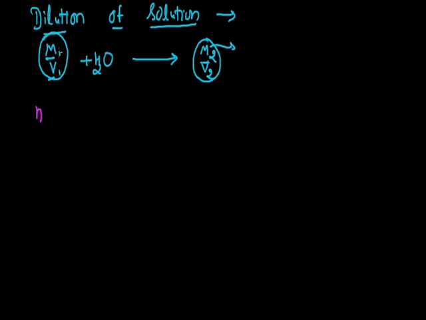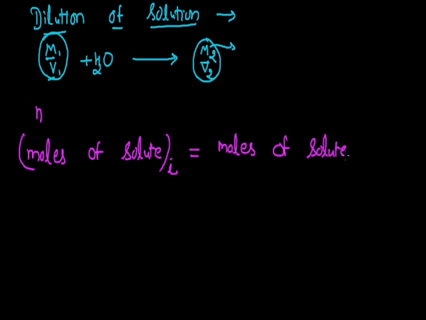So the moles of solute present in the solution before dilution, the initial condition, will be equal to the moles of solute present in the solution after dilution, which I am going to represent by the symbol F.